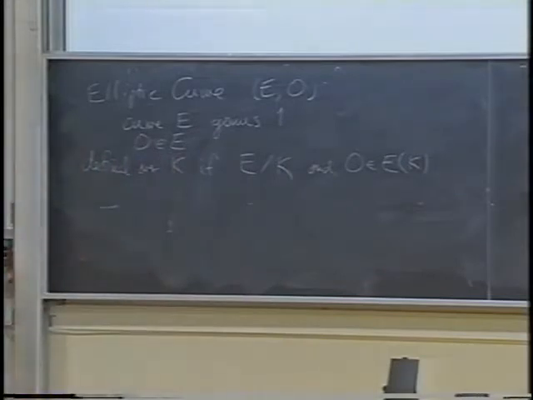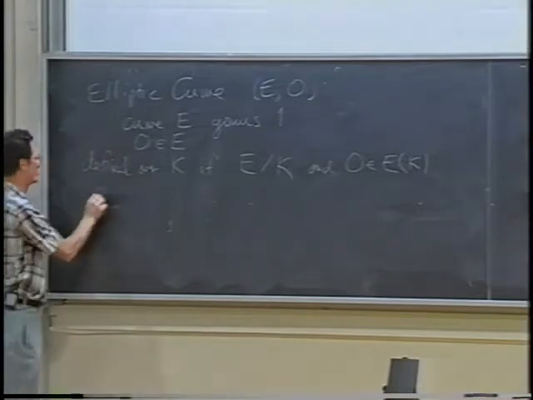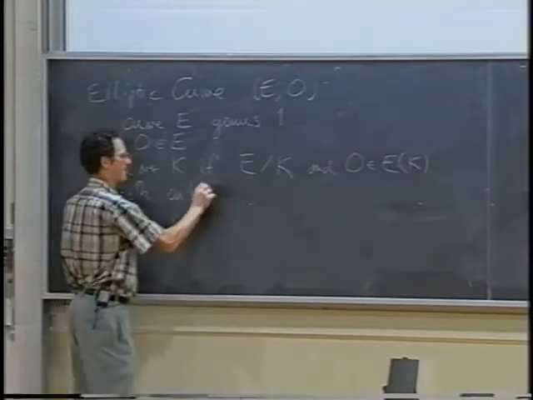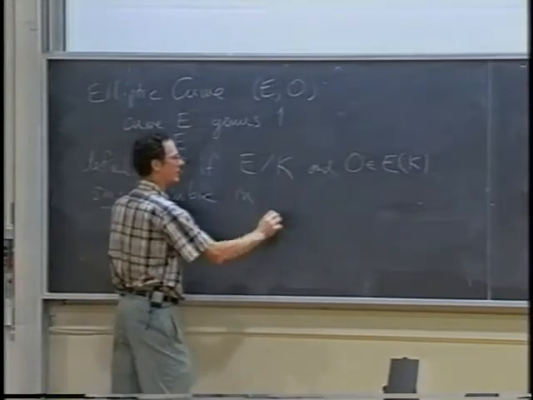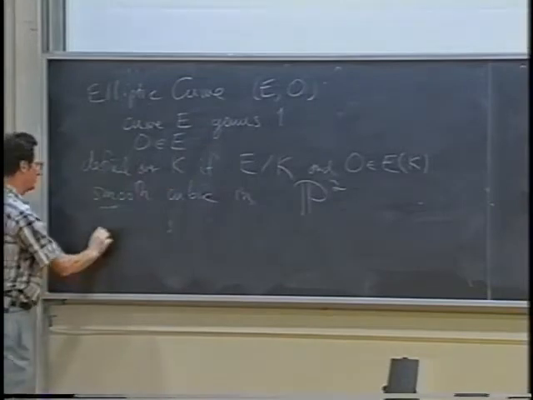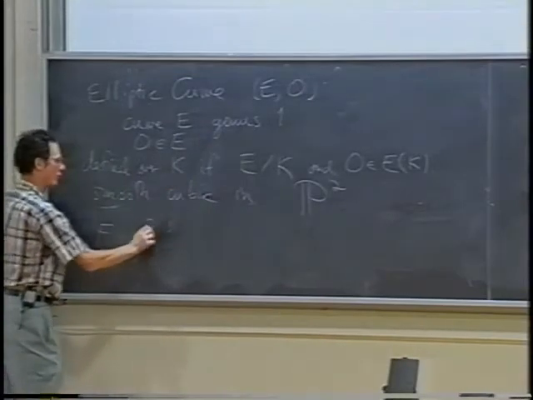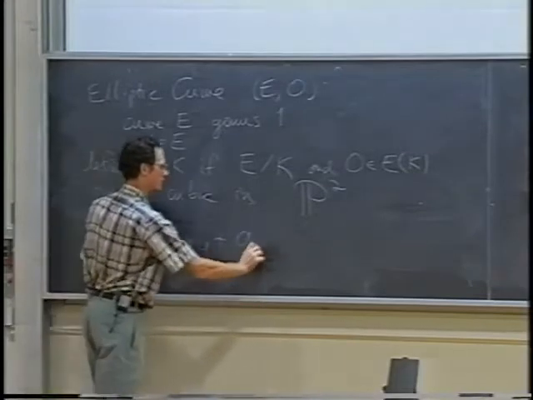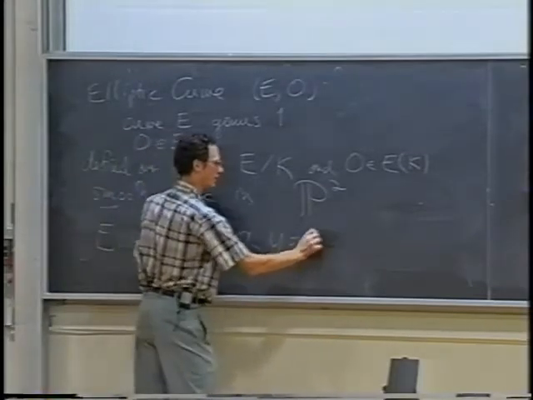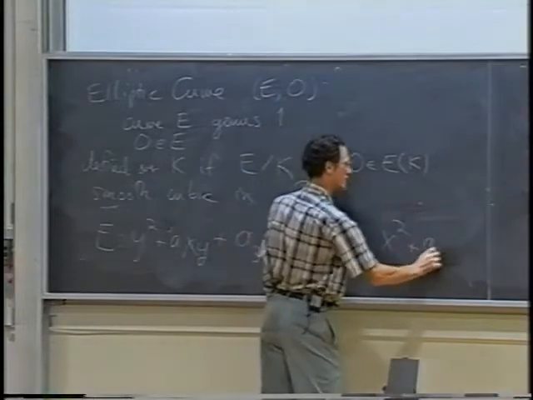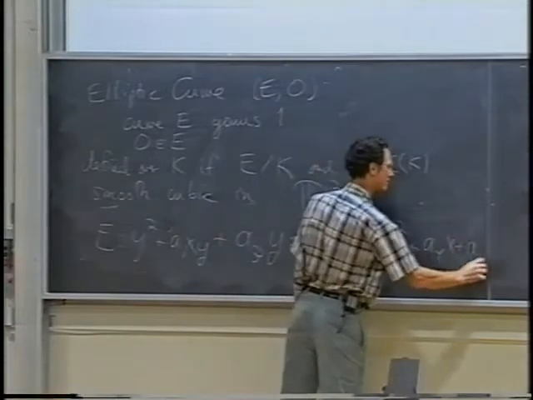And the Riemann-Roch theorem says that one can embed such a curve as a smooth cubic in the projective plane, given in general by an equation of the form y squared plus a1xy plus a3y equals x cubed plus a2x squared plus a4x plus a6.